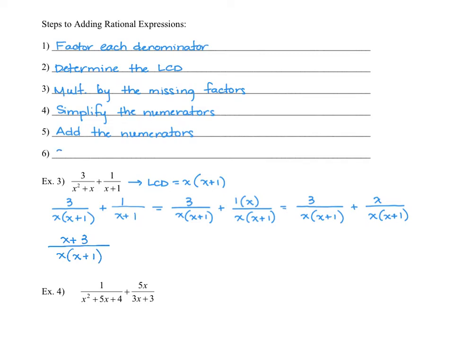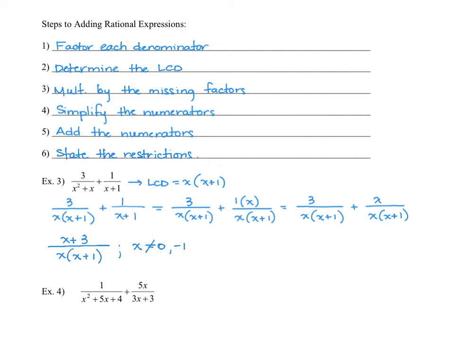The final step is to state our restrictions, just like we've been doing all along. So we want to state the restrictions. So for this particular problem, x cannot equal 0 and x cannot equal -1.